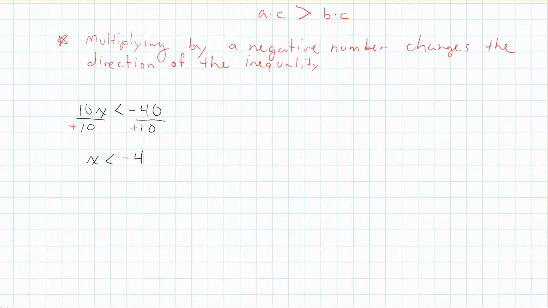So this would be my inequality notation. But then, of course, I could graph this as well. Let's see what happens here. If I graph this, let's go ahead and get a number line here. I might as well just draw them here as opposed to using the tool to draw them.